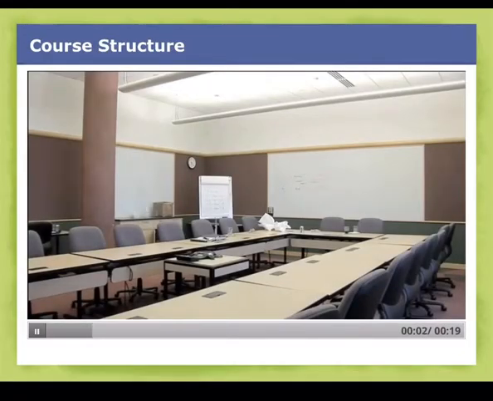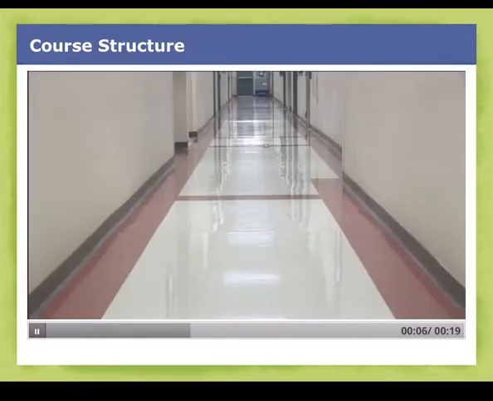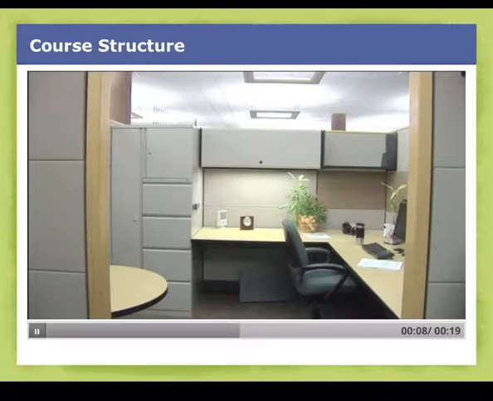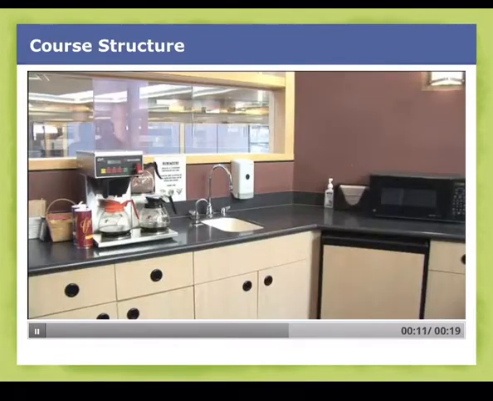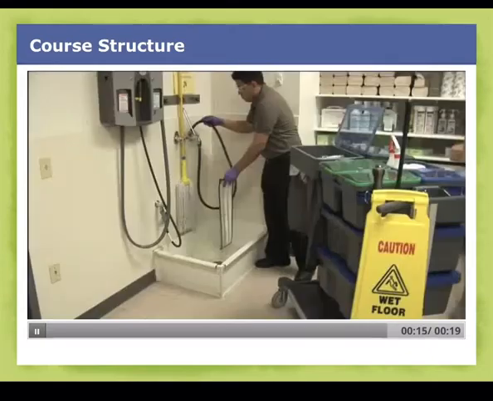This course is divided into 6 sections, which outline the various activities and areas addressed when cleaning a building. They are getting started, common areas, entries and hallways, restrooms, office and workstations, and end-of-shift cleanup.